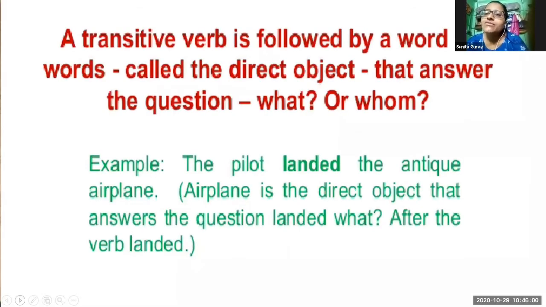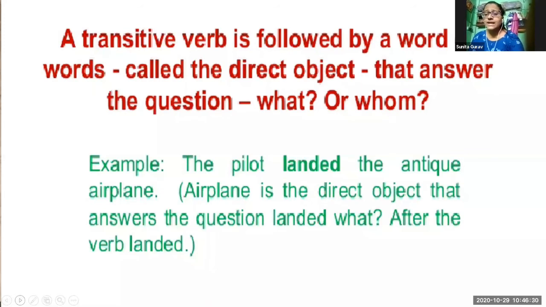A transitive verb is followed by a word or words called the direct object that answer the question what or whom. Example, the pilot landed the antique airplane. Airplane is the direct object that answers the question landed what after verb landed.